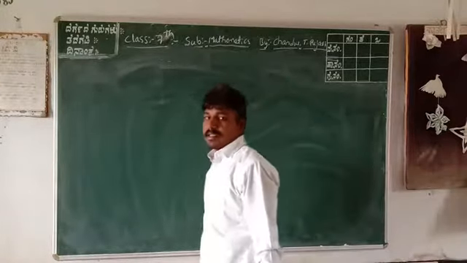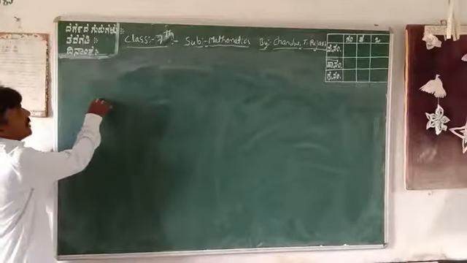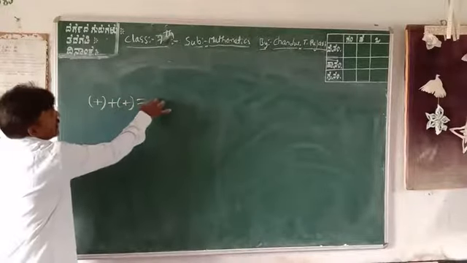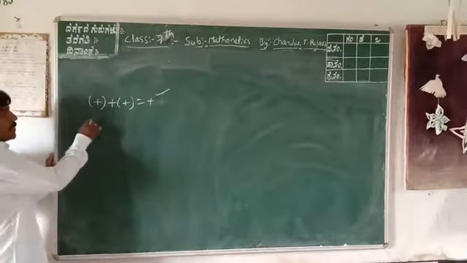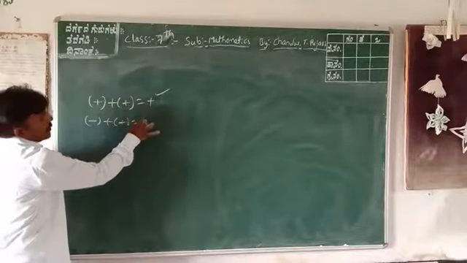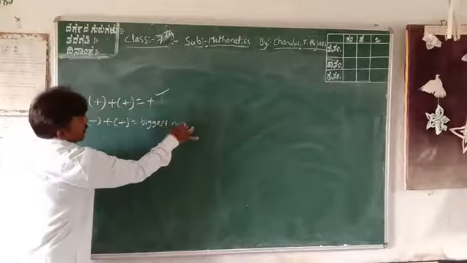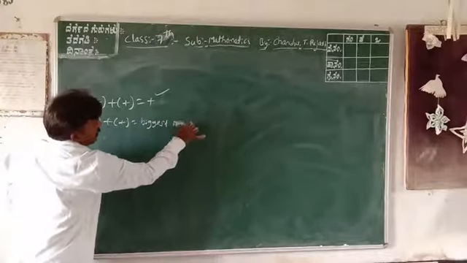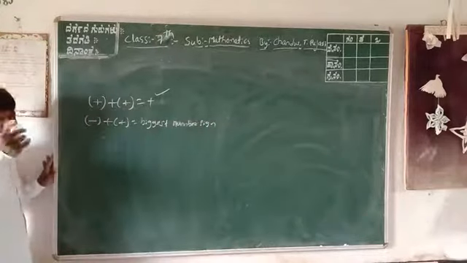In integer addition, for sign conversion: plus plus is equal to plus, this holds good, no problem. Next, minus plus plus is equal to the biggest number's sign.